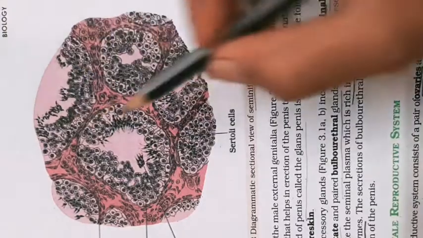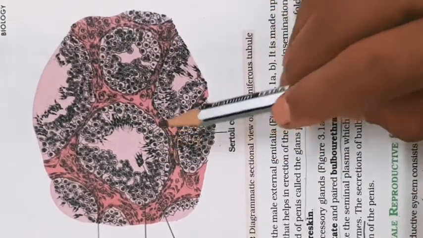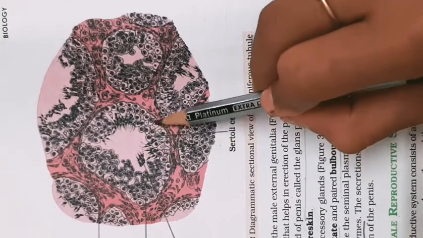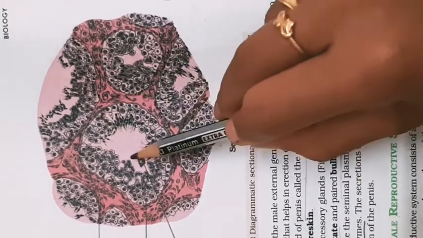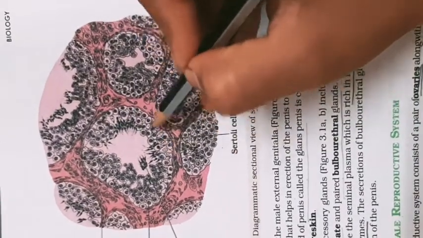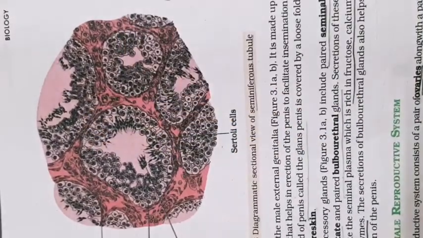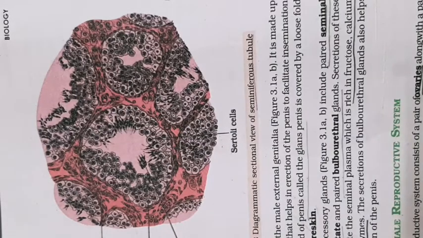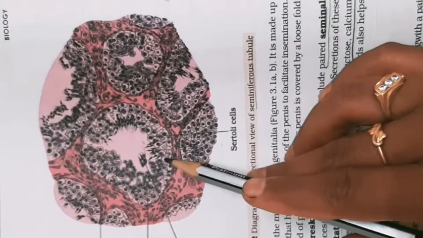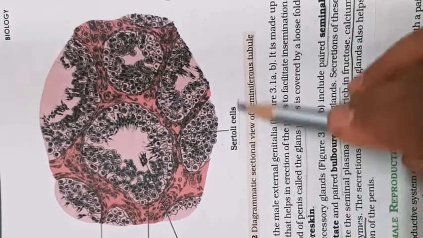Inside the seminiferous tubule, you can see the cuboidal shaped cells and also triangular shaped cells. Cuboidal and triangular shaped cells. Okay. The cuboidal cells are called germ cells and the triangular shaped cells are called Sertoli cells. You can see the Sertoli cells here.